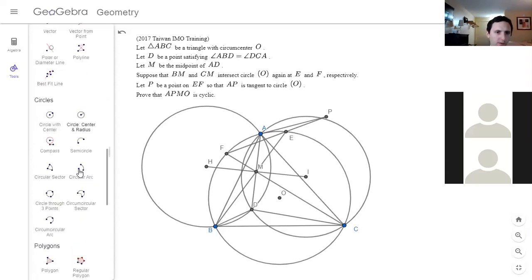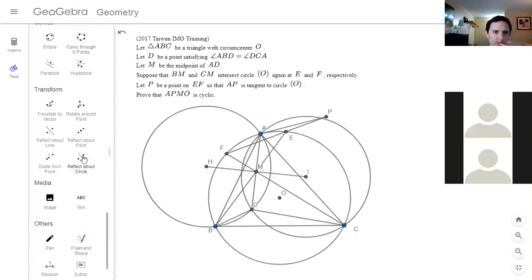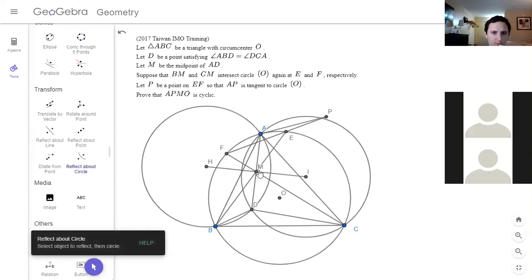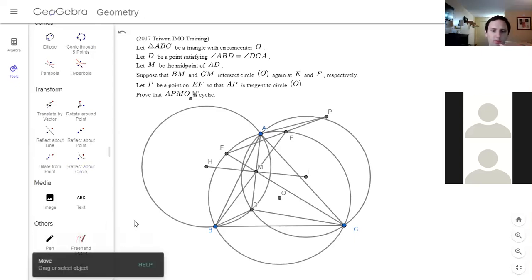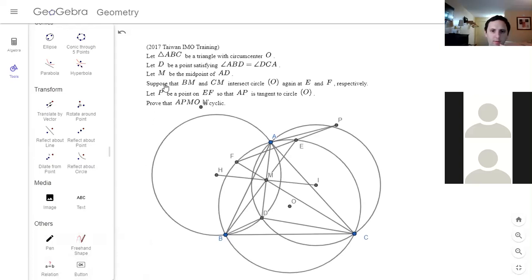Yeah, what if we reflect M across the circle? So we want to show P lies on the polar of M prime.